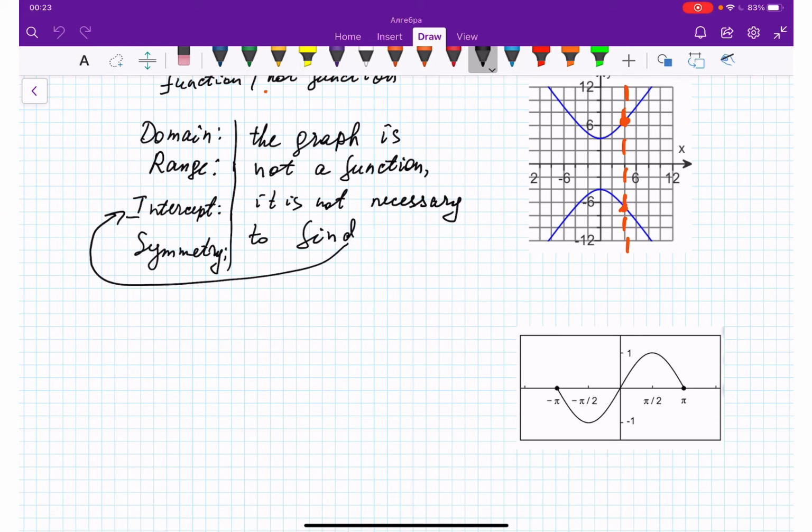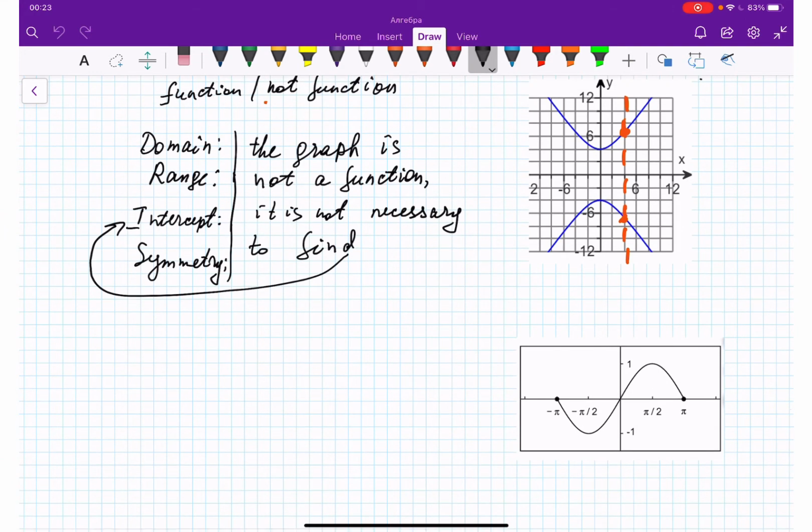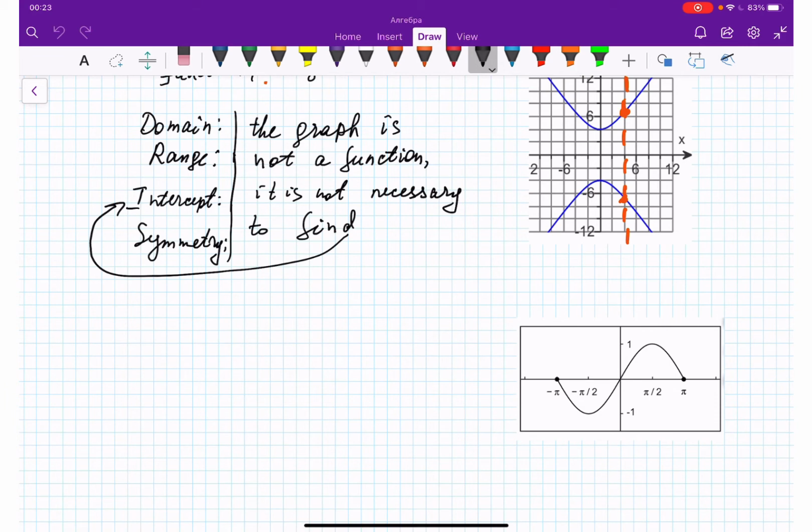So what do we have? We need to determine, first of all, if the graph is a function or not. Obviously this one is going to be a function because wherever I draw a line, it's going to cross 1 time. So it is a function. The graph is a function.